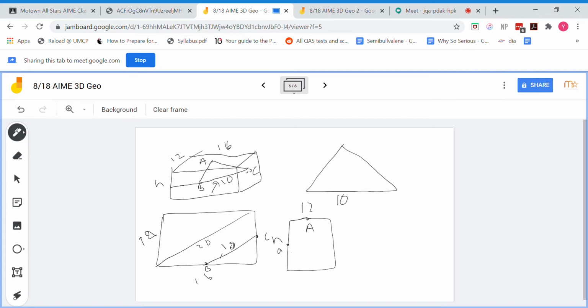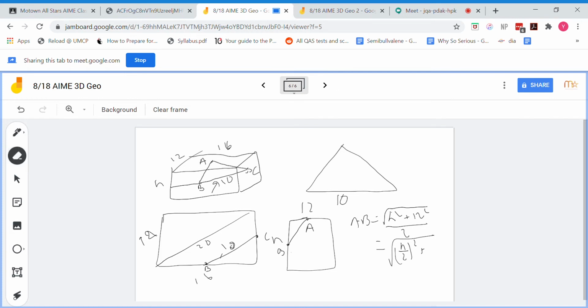So what is the length of AB? Length of AB is the square root of h squared plus 12 squared over 2. Or we could rewrite this as square root of h over 2 squared plus, actually let's leave it like that.